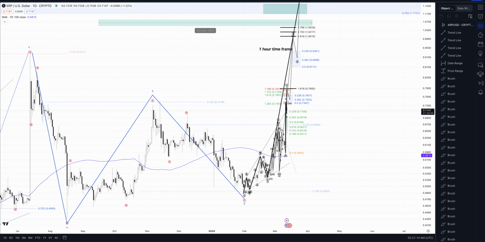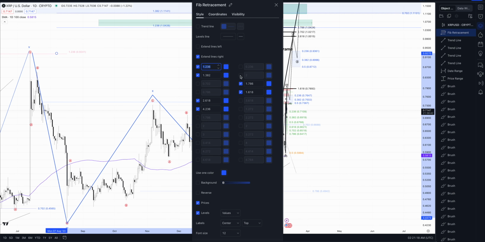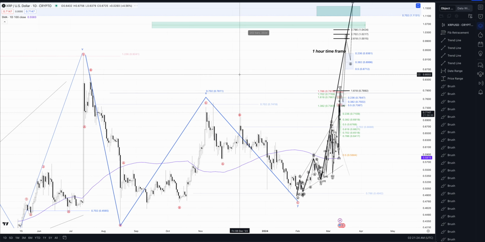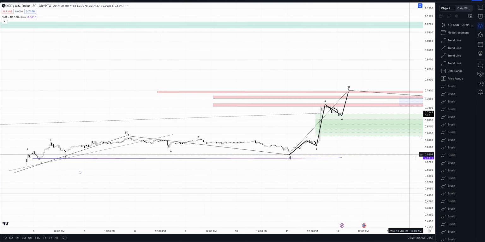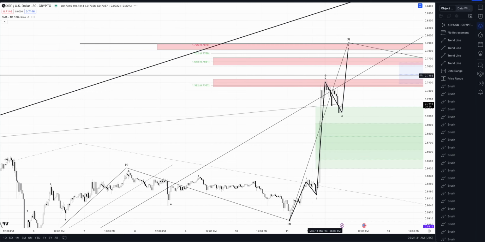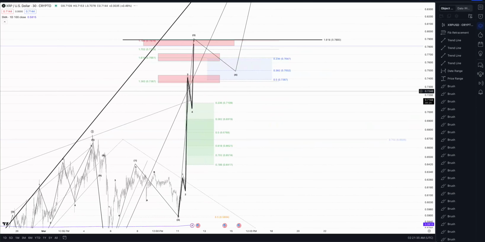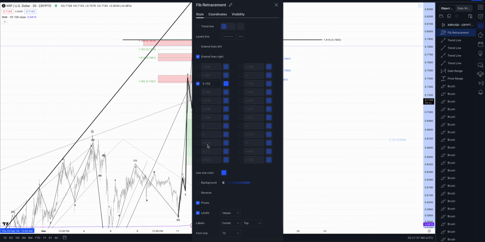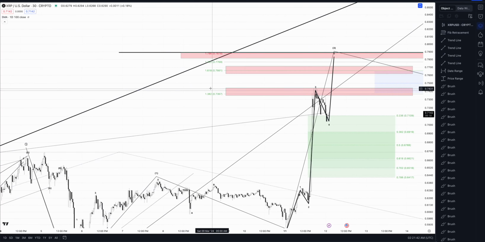So if we take a fib from this high down to this low, we see that 78 cent is the 702. That's exactly why we broke down from that today when we had that pump. So we hit the 702 right over here. Sorry, 74 cent is the 702.